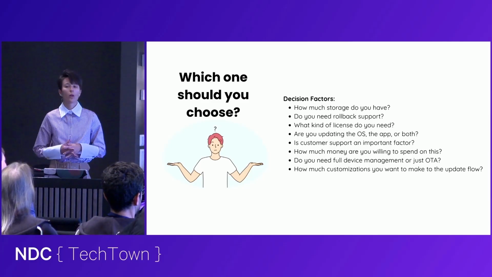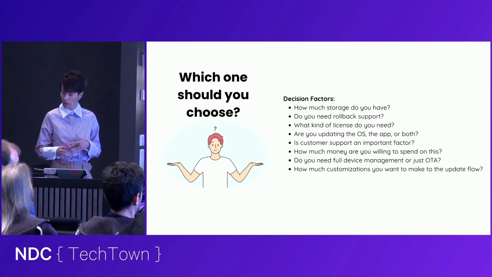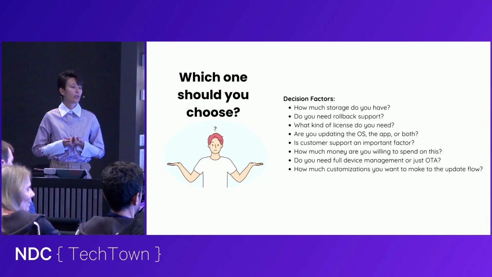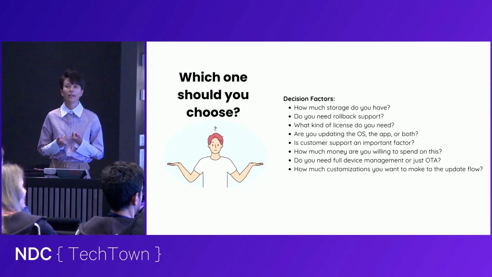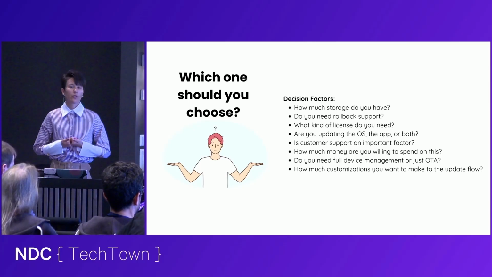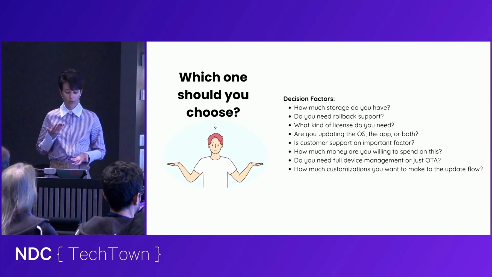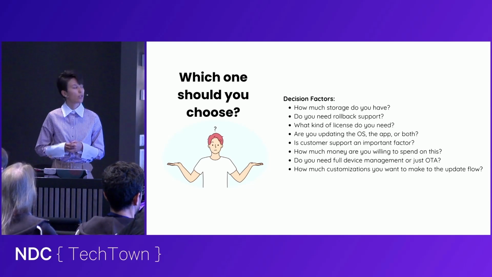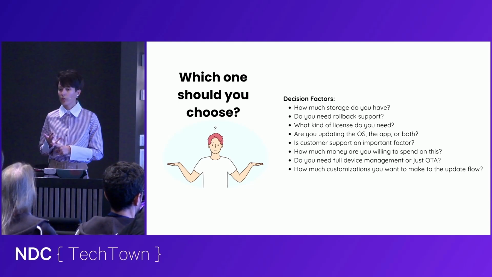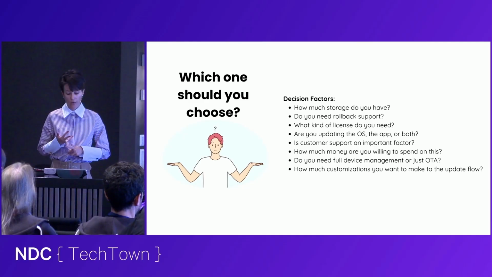Okay, so I have told you about only some of the solutions available on the market, but how do you know which one is a good fit for your device? There are, once again, many things to take into consideration and many trade-offs that you need to make. So, storage. Once again, storage is very important. How much storage do you have? Do you need rollback support or not? Will you be updating full system images or not?